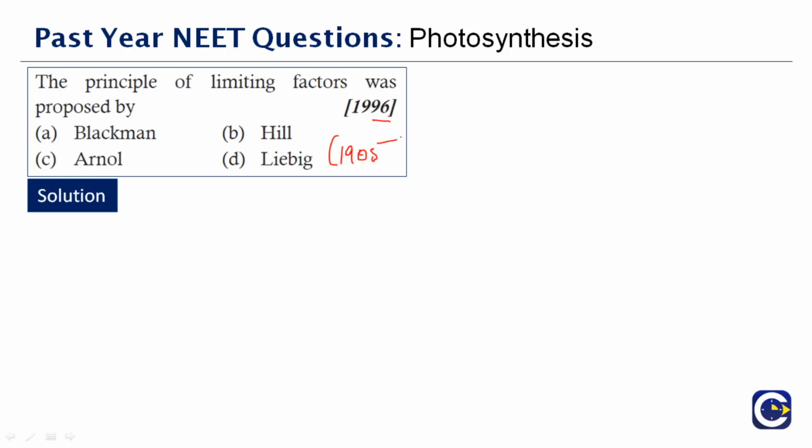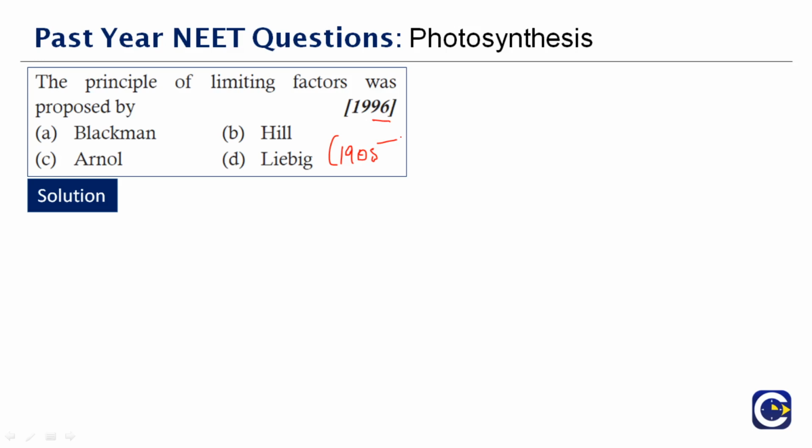What does this law tell you? He proposed this law of limiting factors in the year 1905. According to this law, when a process depends on a number of factors, its rate is limited by the pace of the slowest factor. So what they are telling here, to put it in a very simple way, we can take an example here. Imagine you are going to start a new work, or you're already doing an existing work.